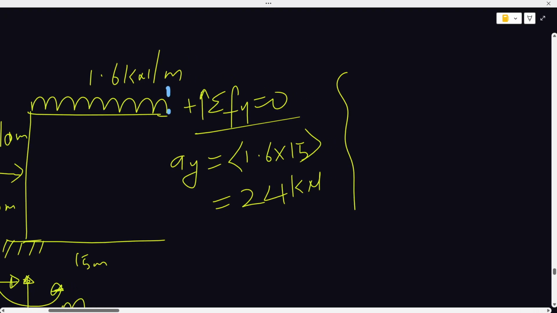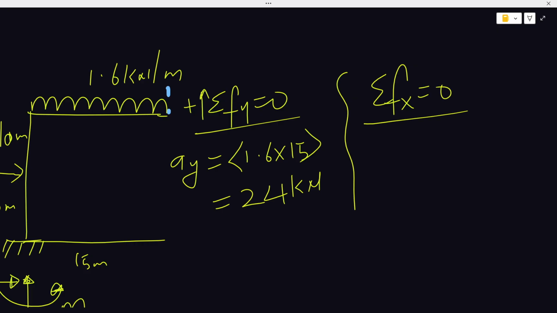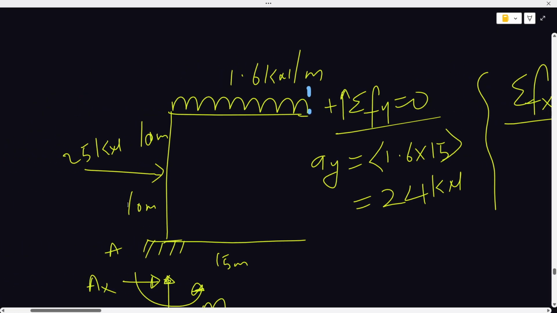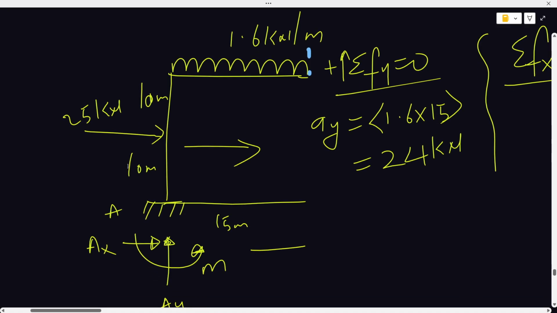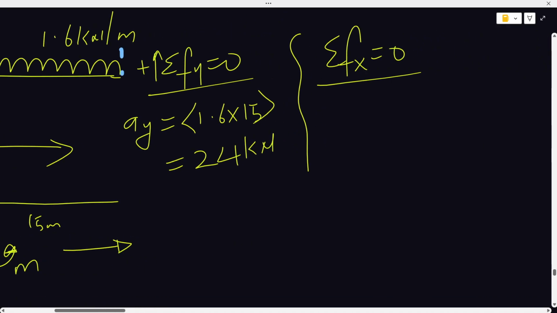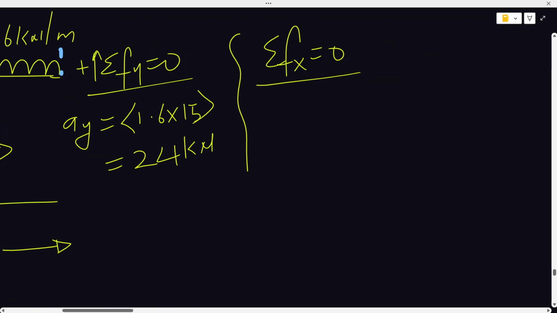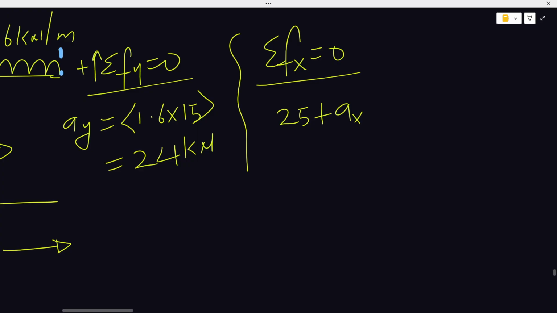Similarly, summation Fx, applying my equilibrium equations, equals to 0. I have 25 going in this direction, and I have AX also going in this direction. Those are the two horizontal force components I have. So 25 plus AX is equals to 0. So it means that AX is equals to minus 25 kilonewtons.